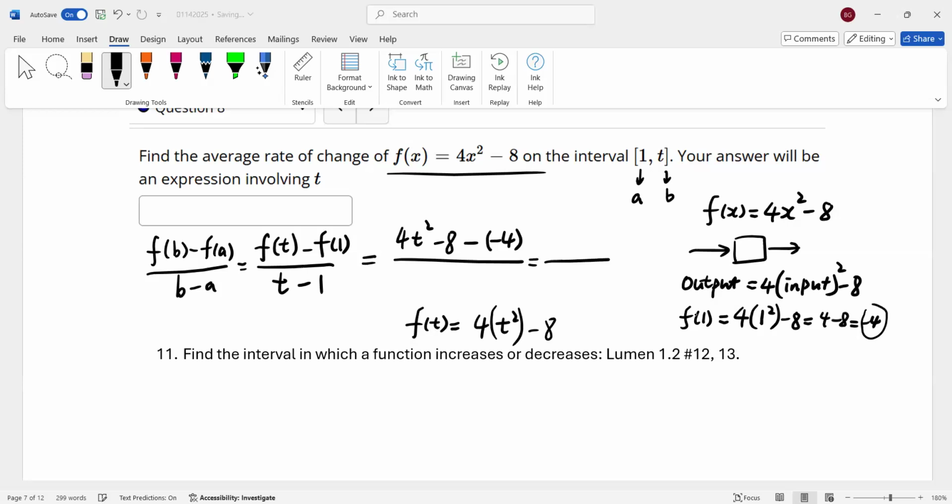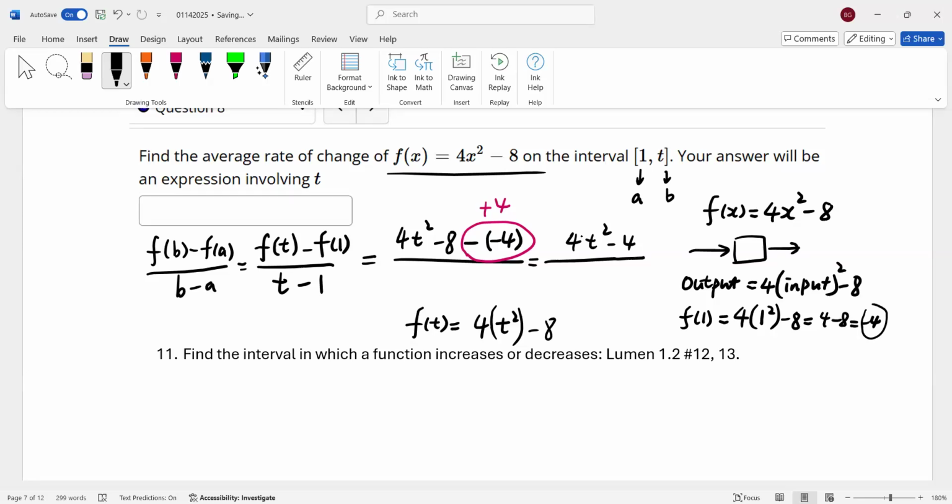And we can clean the numerator, simplify the numerator a little bit more. 4t squared minus 8 minus 94. Minus 94 is plus 4, right? So this part is plus 4. So the numerator is 4t squared minus 8 plus 4. I assume you also know the casino method for adding numbers with signs.